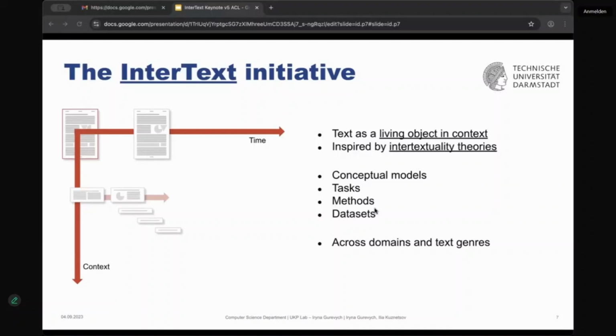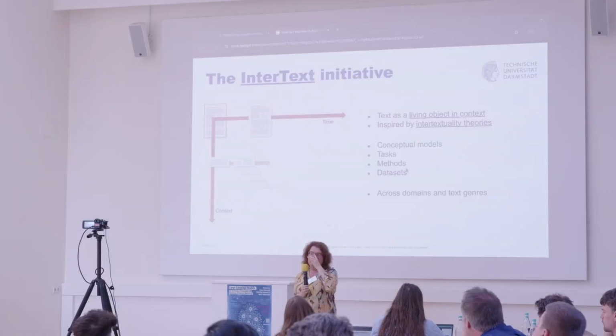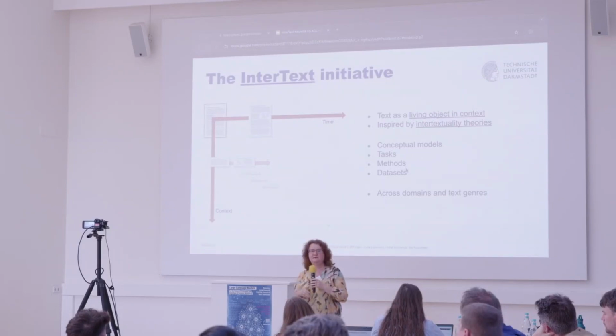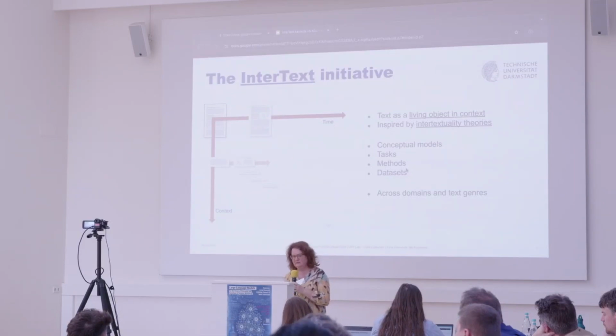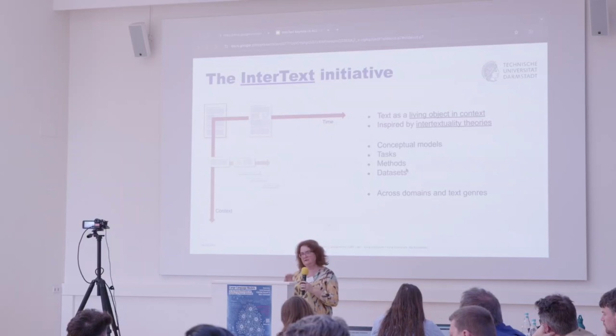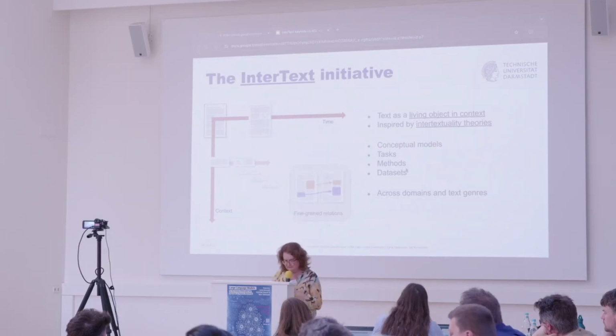So we do not literally take them over because there are quite many competing theories, but we basically inspire our work by all the expertise that went into creating these models, and we need to simplify them for our technological purposes. And we propose to model each text along two dimensions, time and context. So time is when a document is changed over time from one version to another, and the context is in relation to other documents.